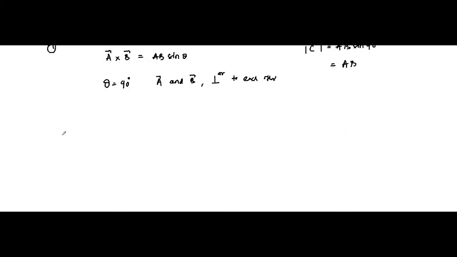Then another important property, which is for parallel and anti-parallel vectors. Let us say we have two vectors, A vector and this is B vector. They are parallel and they are in the same direction.